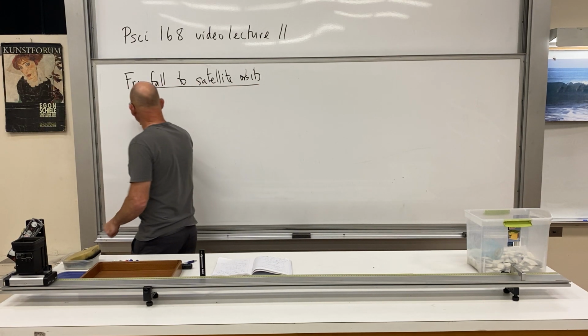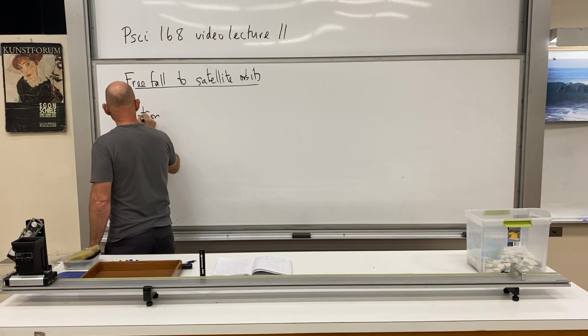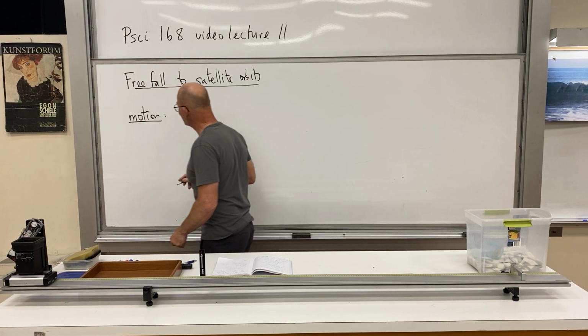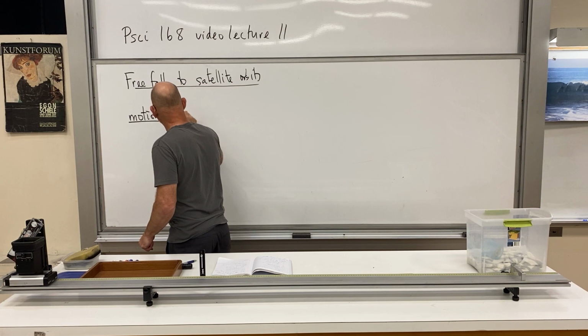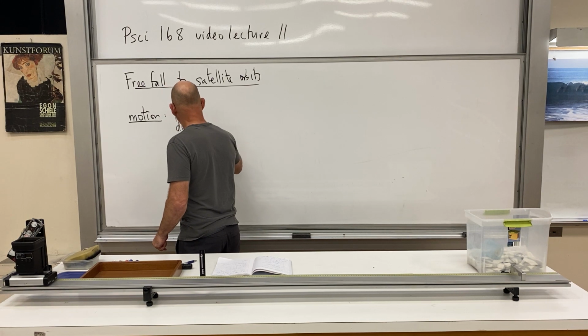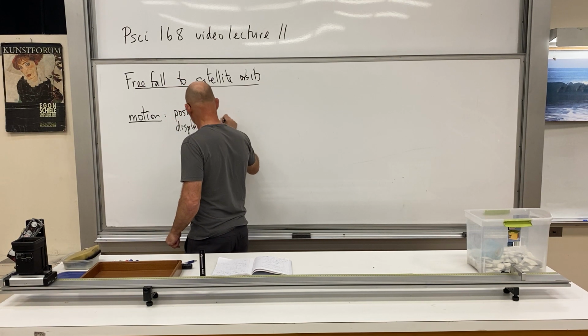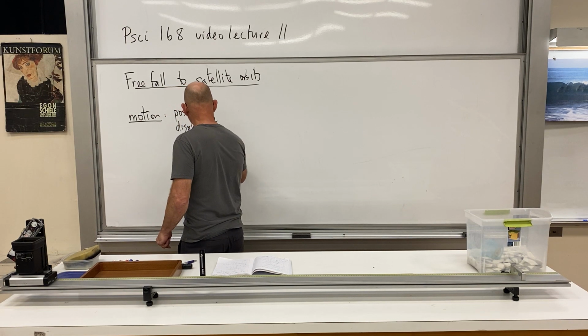And so let me go ahead and list a couple of things. So first of all, motion. We had some kinematic concepts. We had position, displacement, velocity. This one I'm going to remind us of.